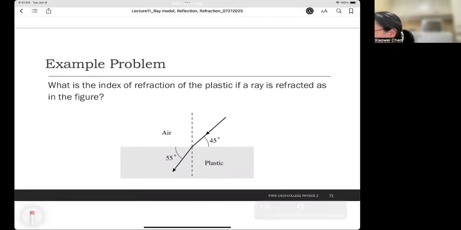Okay, let's talk about this example. What is the index of refraction of the plastic if a ray is refracted as in the figure?